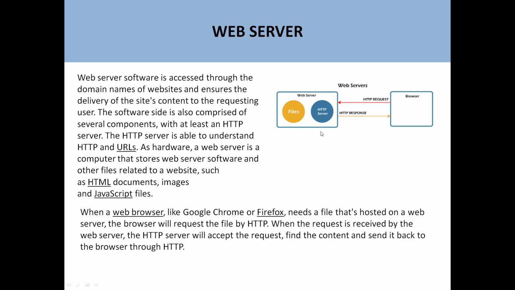Okay, so this is the concept here. The HTTP server and the files, which are HTML documents, JavaScript files, images. The HTTP server receives the HTTP request from the browser, gets the file from the file location, and sends it back to the browser. This is the flow here.